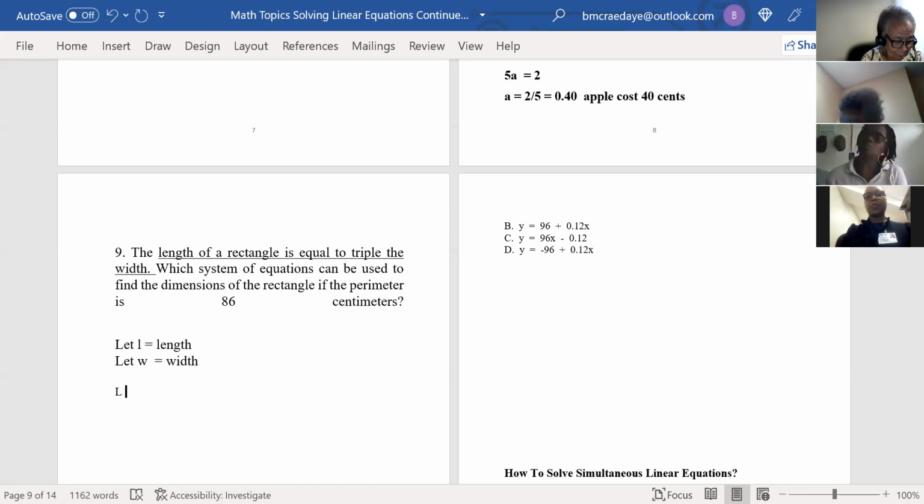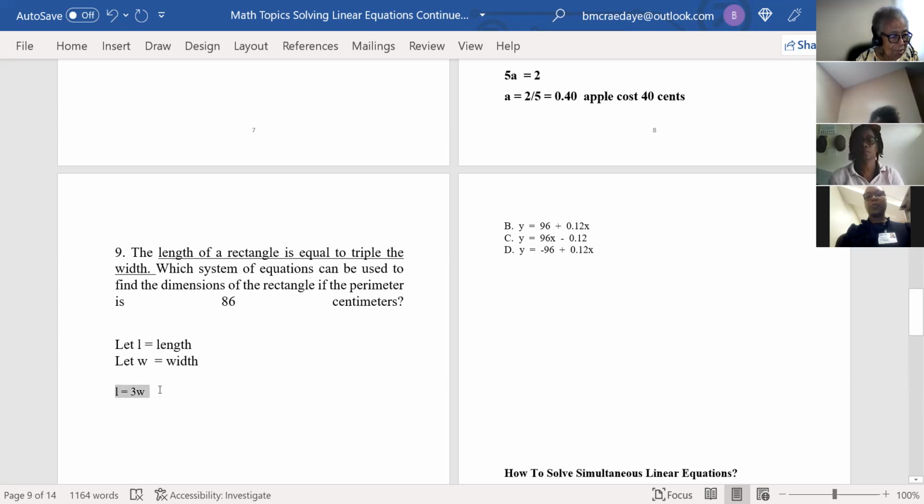L equals 3W. That's it. Let's put the little L here to be consistent. It says the length is 3 times the width.